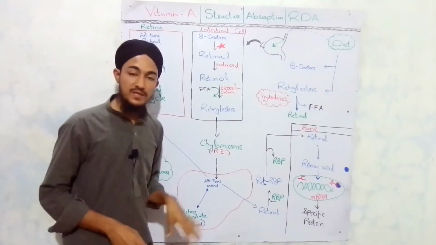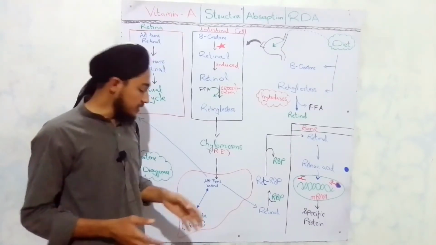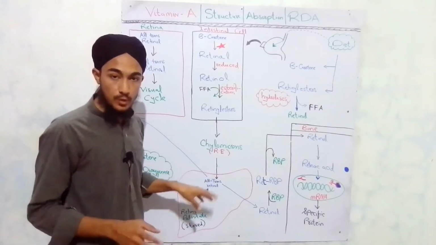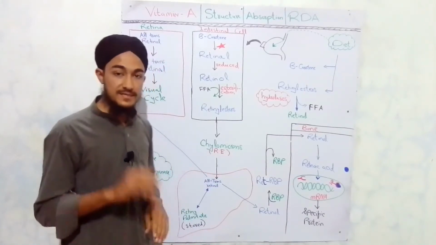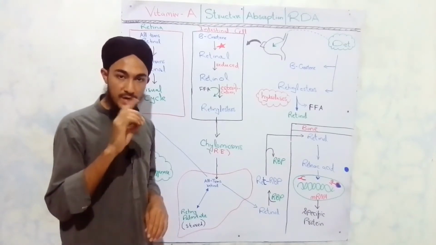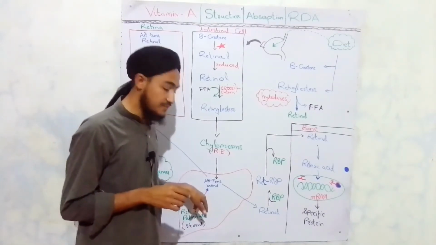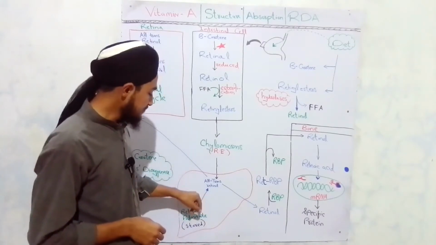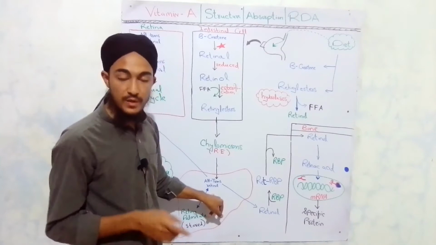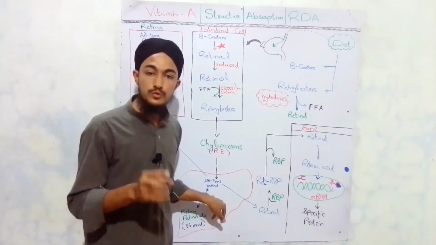When vitamin A is needed in our body, then this vitamin A is released from the liver in the form of retinol, and it is believed that zinc helps in the mobilization of vitamin A from the hepatocytes of our liver. Then this all trans retinol, the vitamin A, will move to the target tissue.